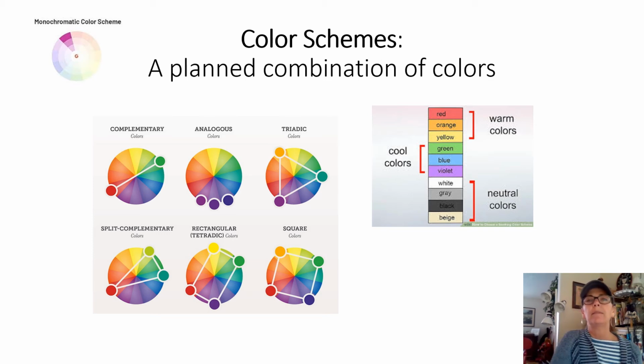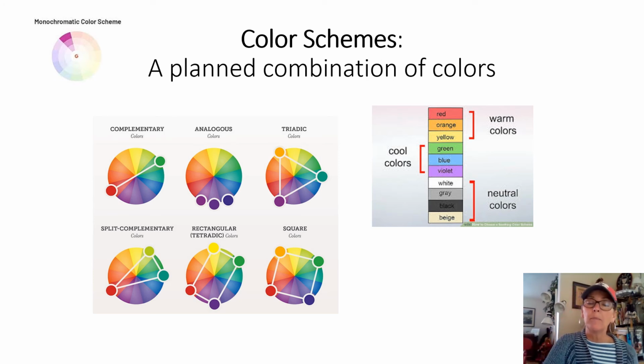Tons of color schemes. A color scheme is a planned combination of colors. You have complementary color schemes, where you just use your opposite colors on the color wheel and tints, tones, and shades of them. You can do sections of your color wheel in analogous colors, where you use all your blues and purples or all your yellows and greens, or you can divide it in half and do warm or cool.